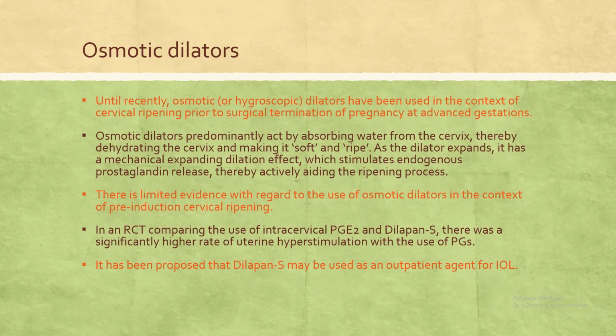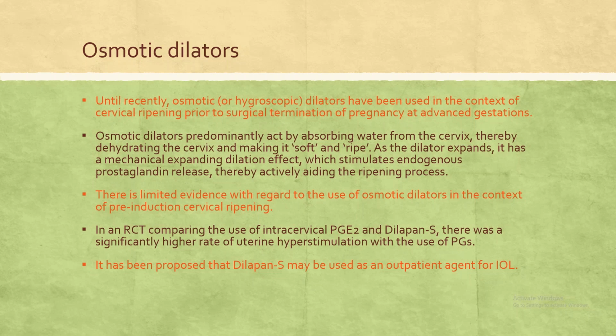As I told you, it was used in termination of pregnancy at advanced gestational age, but with induction of labor, the available evidence is limited. One RCT compared the dilators with prostaglandins, and found a significantly higher rate of hyperstimulation associated with PGs, that is prostaglandins.